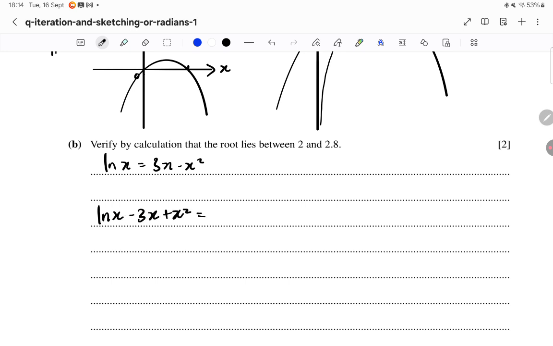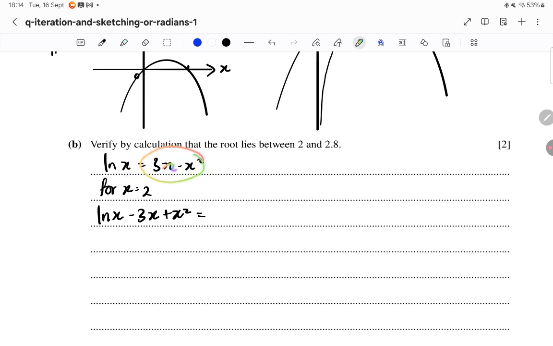First off, we're going to do for x equal to 2, so you're going to sub the 2 in here. You can also bring the ln here. However, I recommend bringing the right hand side to the left hand side, because most of the CIE answer schemes prefer that, and more of the workings done online is typically done when the right hand side is brought to the left hand side.